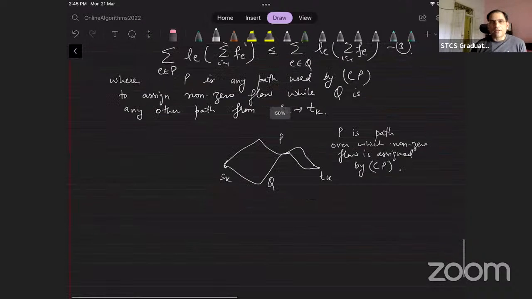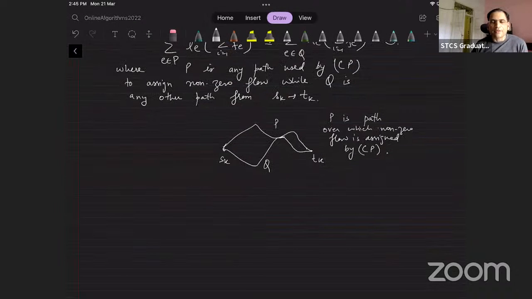Is the algorithm clear, right? Algorithm is clear to everybody. We're just trying to solve a convex program, which is a greedy optimization.